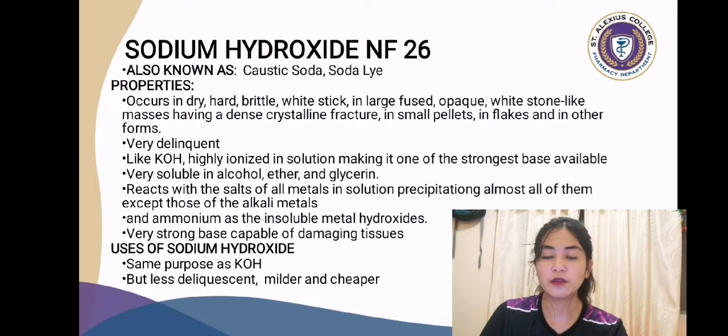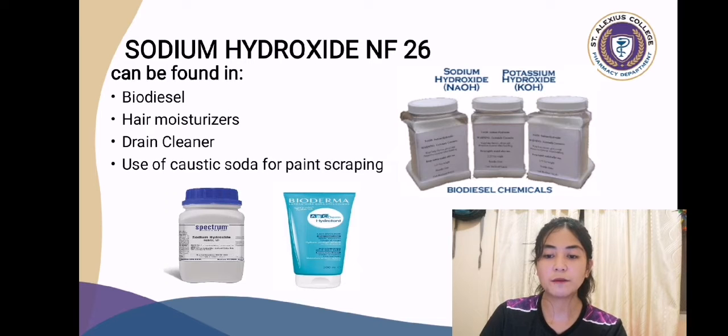However, it has more advantages because of its lesser deliquescence, and it is probably milder and cheaper. Therefore, it is extensively used for industrial purposes. This base is usually found in biodiesel, hair moisturizer, drain cleaners, and caustic soda is used for paint scraping.